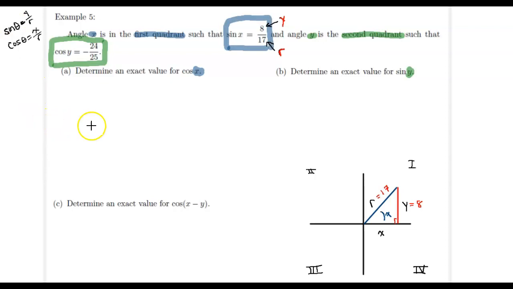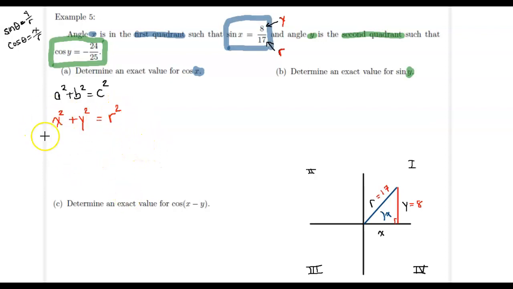That means I can use my Pythagorean theorem, remember a squared plus b squared equals c squared, to solve for that missing side length. In my case here, it's going to be x squared plus y squared equals r squared.